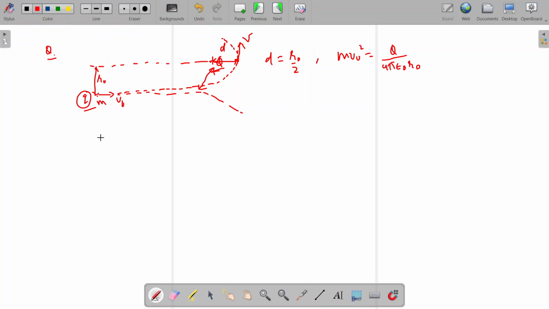So what is the conservation of energy saying here? Conservation of energy would say that initially we have kinetic energy half m v naught square, which would entirely change to half m v square plus k q small q divided by r naught.